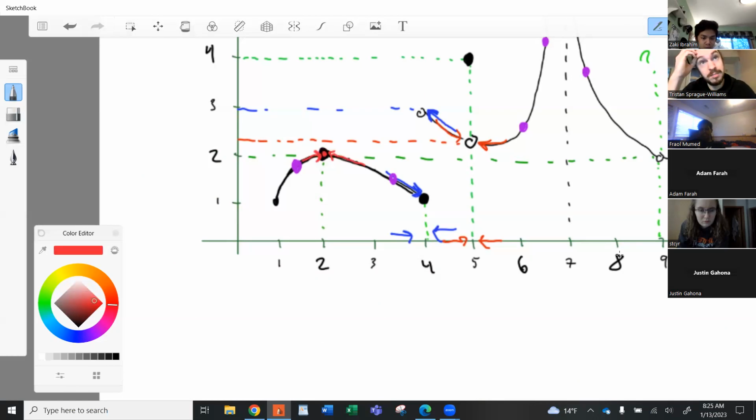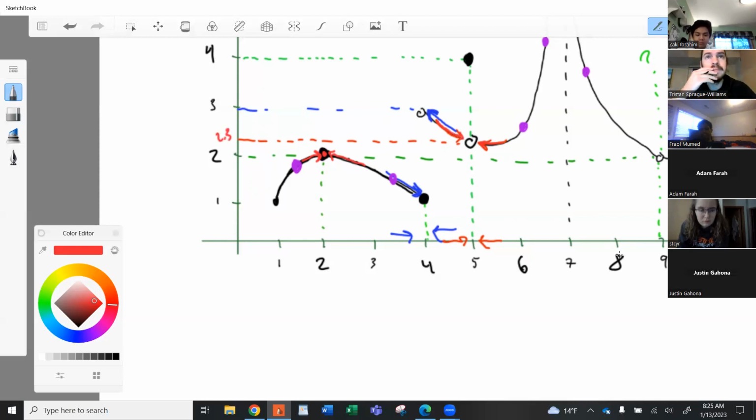So that's why the limit is whatever y coordinate the points on the graph are getting close to. Over here, the points on the graph are approaching this point, and that's getting close to 2.3 or whatever this was.